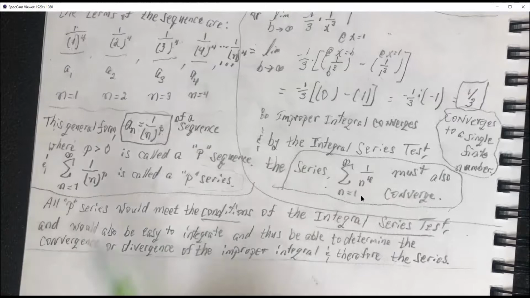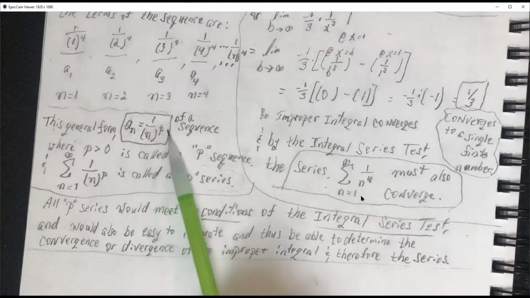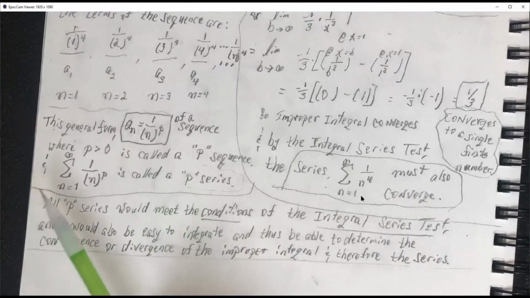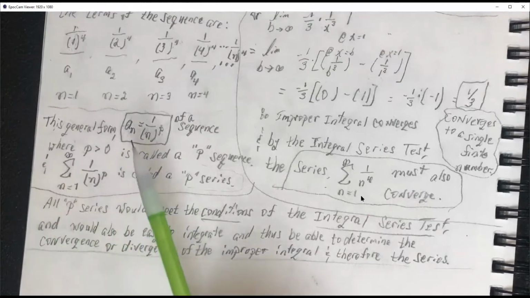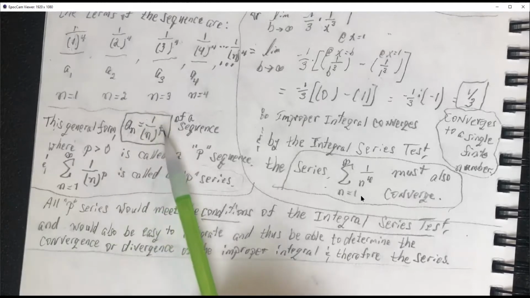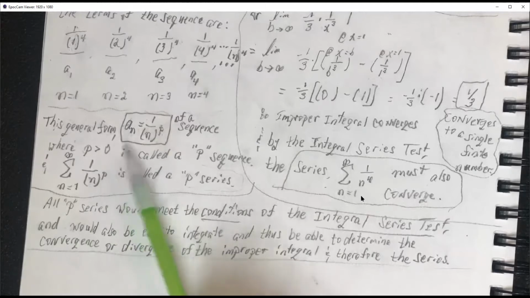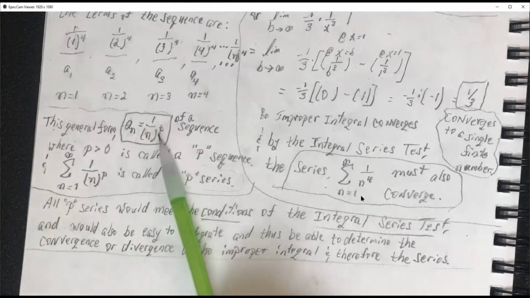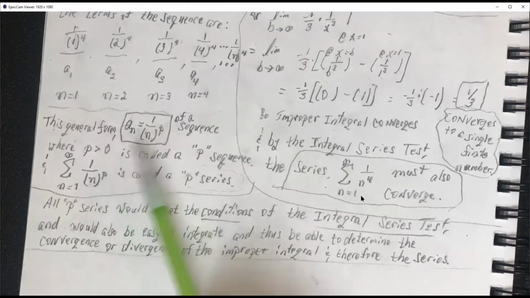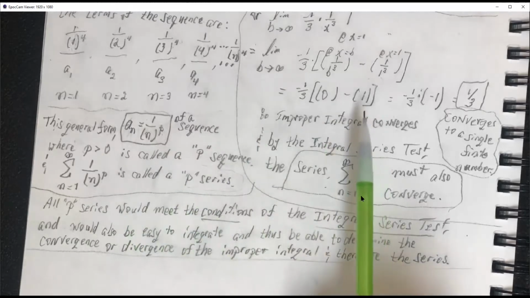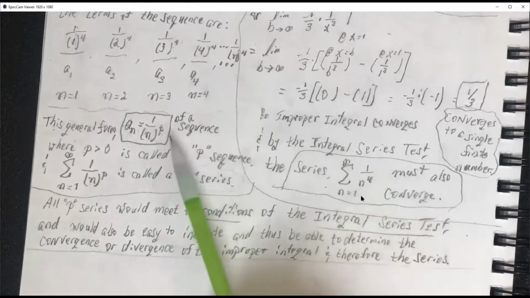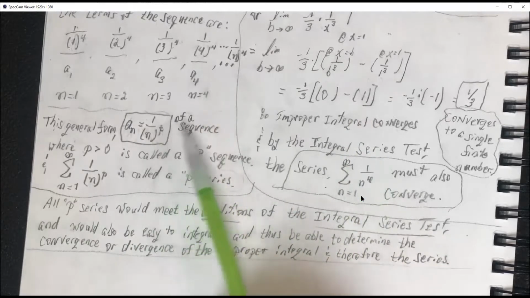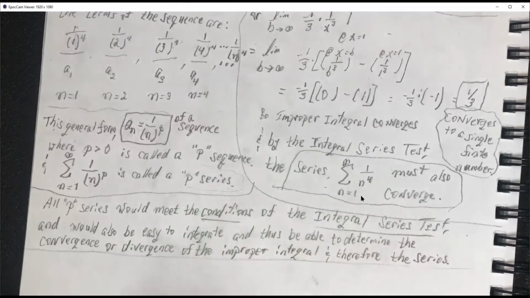So instead of us having to do that every single time we get a sequence of this form, we can make a generalization. If P is a positive real number, and it's a simple proof, if P is one type of number that's greater than 0, then the improper integral will always converge. And if P is another type of positive number, this improper integral will always diverge.